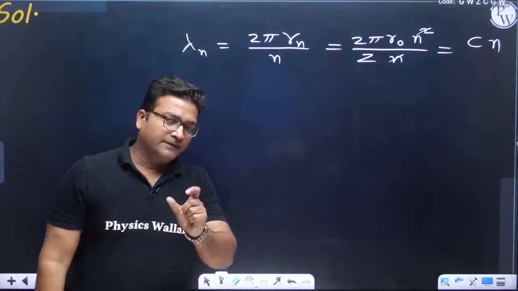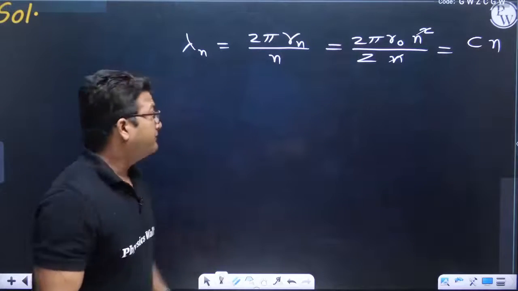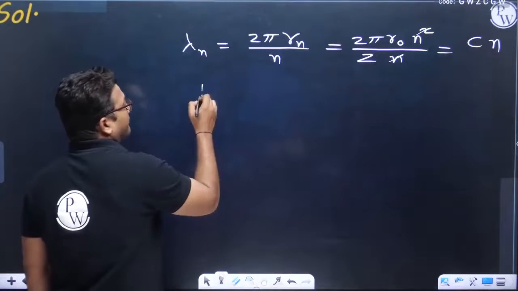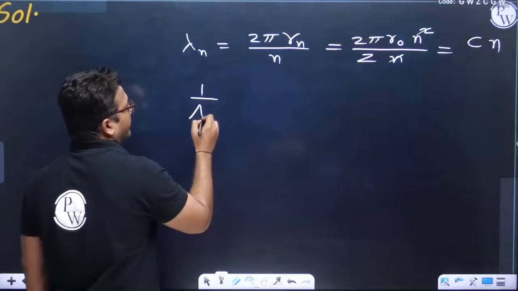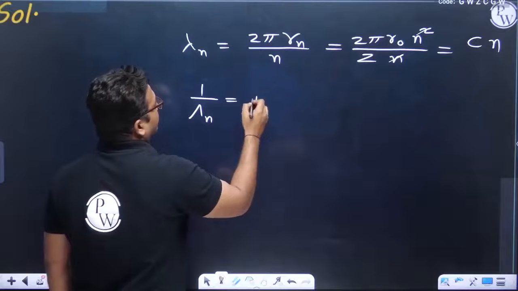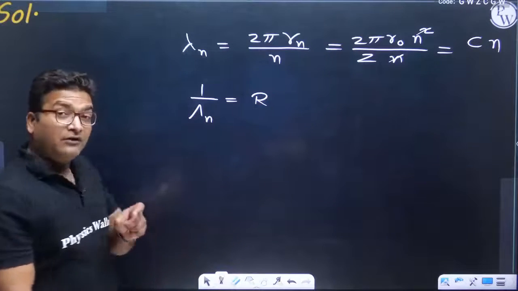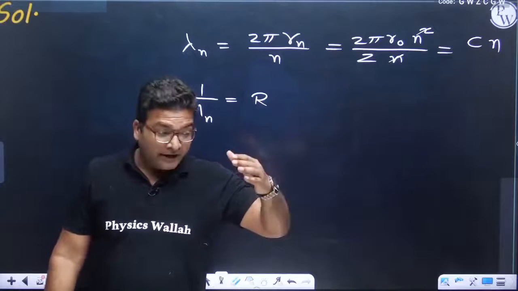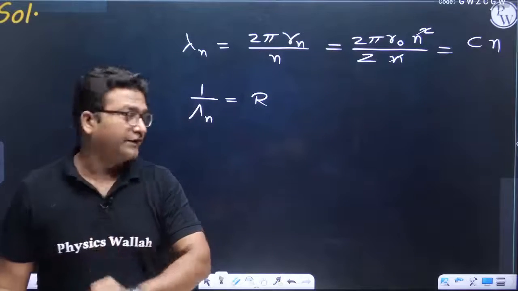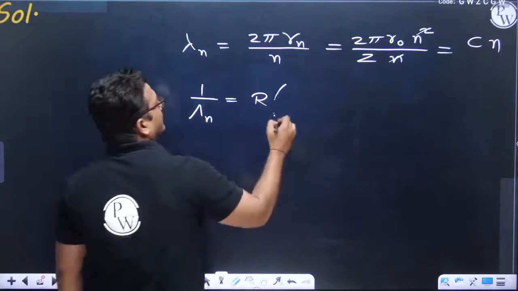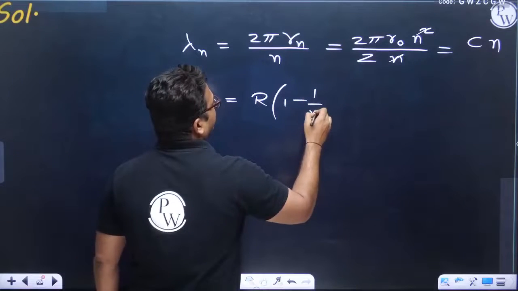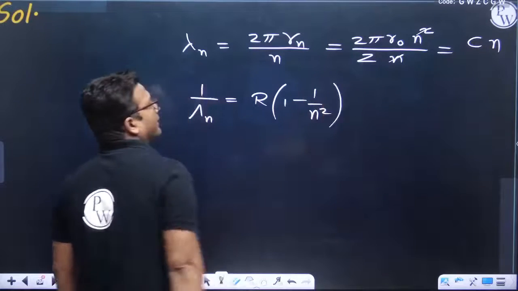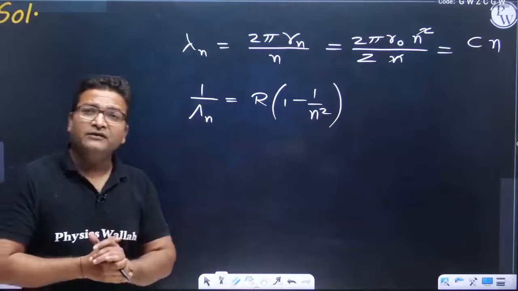Also the wavelength an can be given by Rydberg formula, 1 by an equals Rydberg, and this is the wavelength of photon emitted when transition of electron happens from nth to the ground state. So we have 1 minus 1 by n square, and we have to consider n as to be very large.